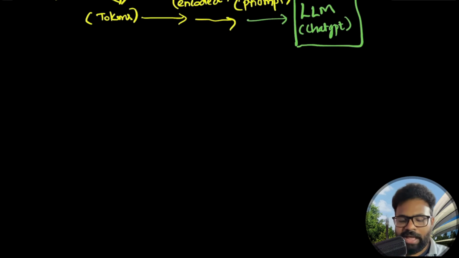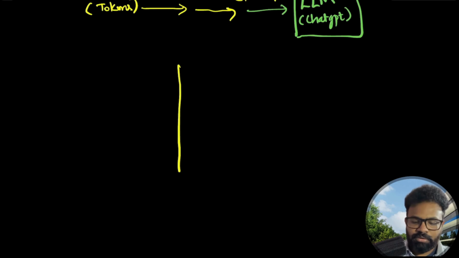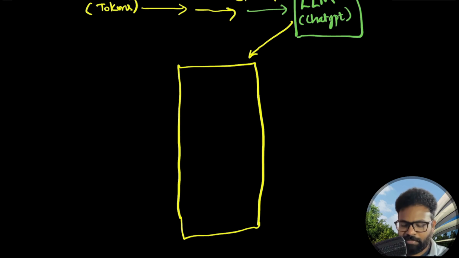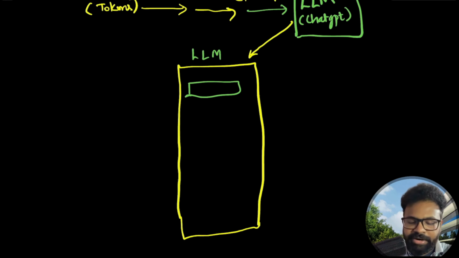So what will happen inside the LLM? Let's say this is our LLM. I've just put it here to have an in-depth view of it. There are three main functions the LLM is going to perform, especially with respect to ChatGPT. One is predictive.